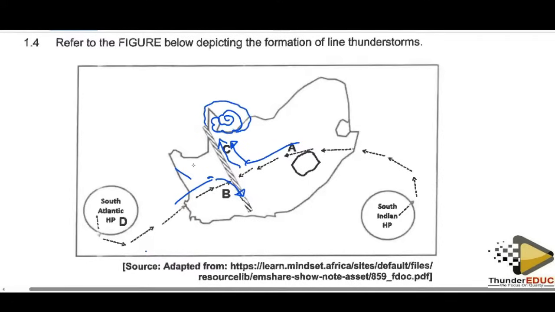When it condenses, there will be formation of clouds over the eastern side. And the western side, since we do not have air rising, this side is going to be dry. Yet this side will be wet, as a result of the clouds that are developing over this other side.